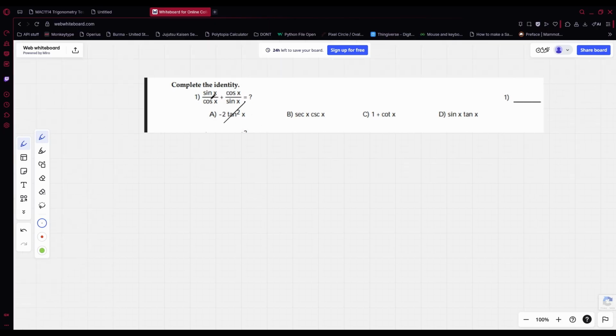So we are trying to get something along these lines. So we have sine x over cosine x plus cosine x over sine x.